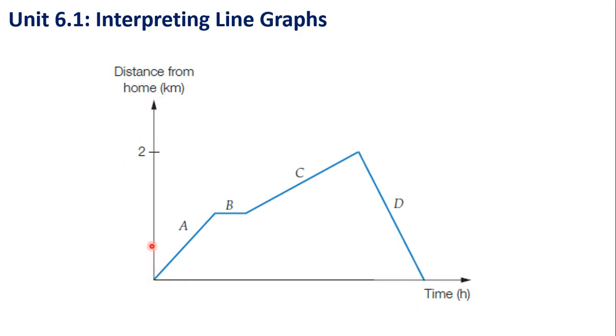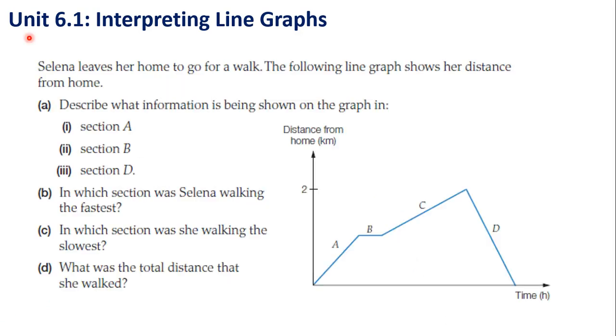So as we move up on our y-axis, we're increasing the distance. So let's have a look at the question that goes with this graph. Selena leaves her home to go for a walk. The following line graph shows her distance from home. Describe what information is being shown on the graph in section A, section B, and section D.